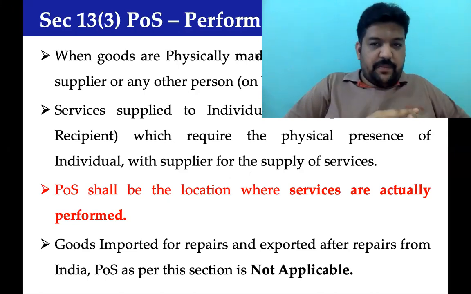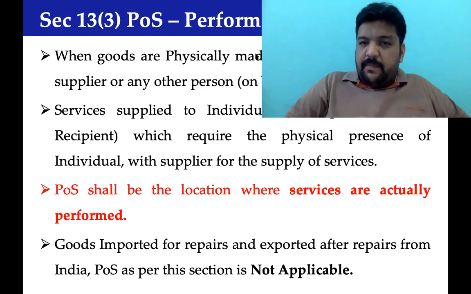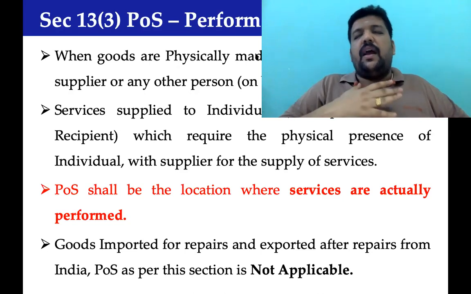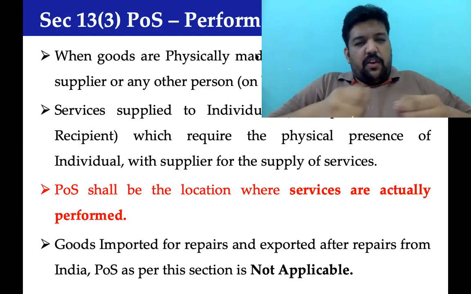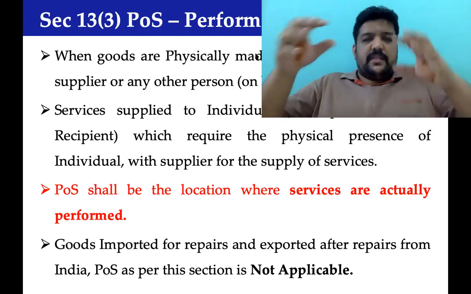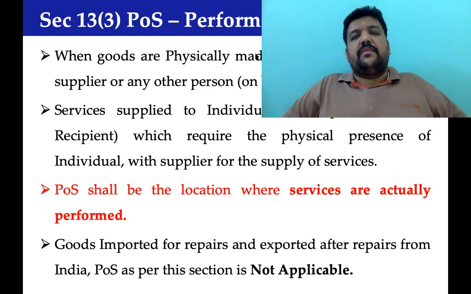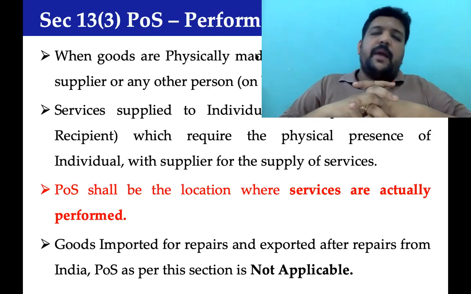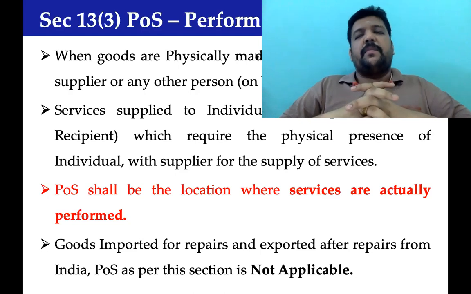When goods are made available by the recipient of service to the supplier of service, as a service recipient, you carry the goods, make it available to the supplier. Supplier comes and does something. The place where the service is performed, that would become place of supply.